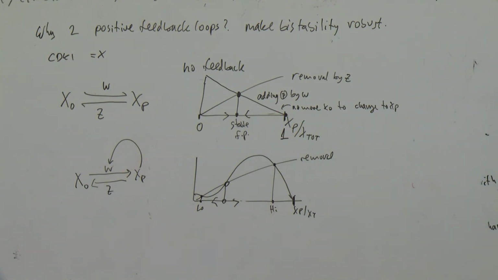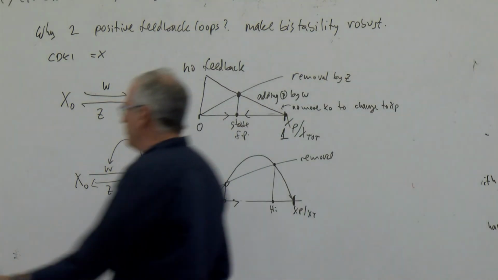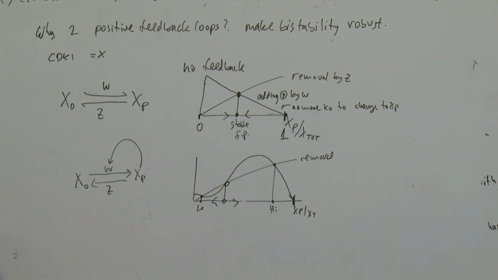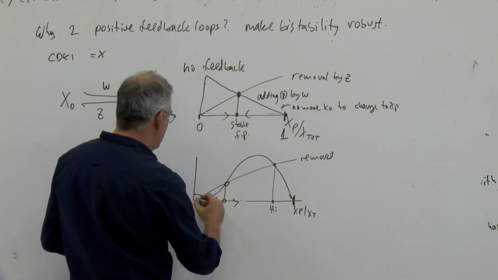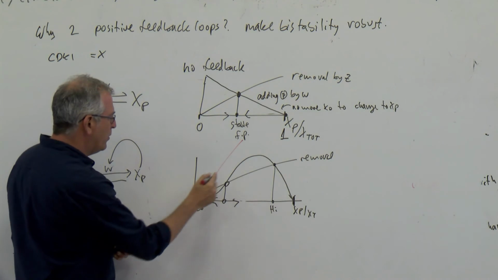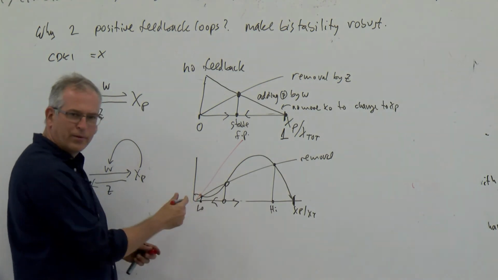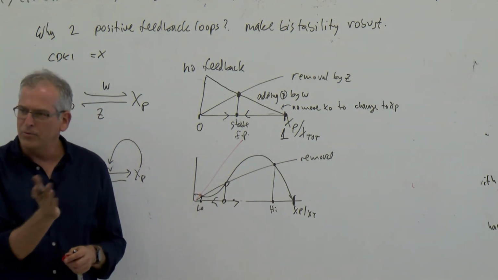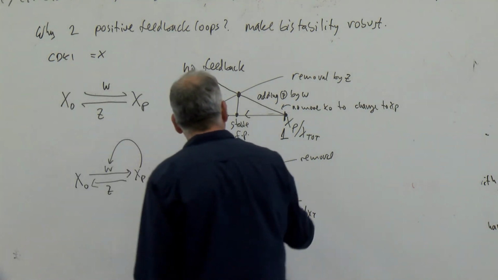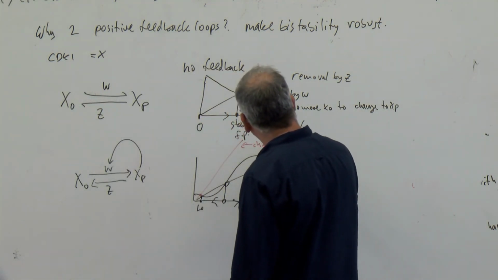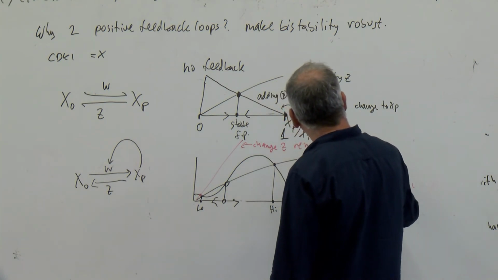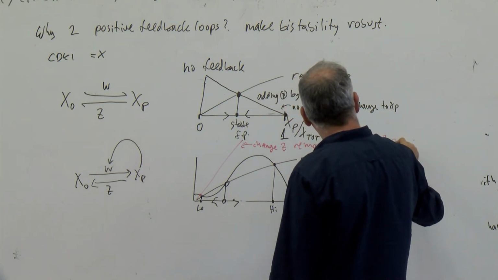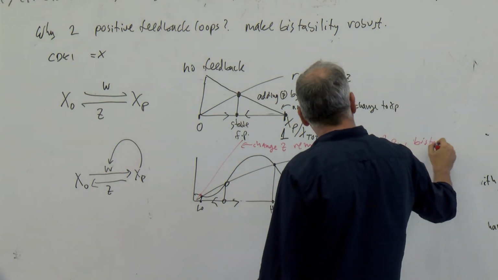What's the problem with this? We noticed this also in the lecture where we talked about bistability before: if I change the removal rate, let's say I have more Z or less Z, I change it, I already have 1 fixed point. It's in fact very fragile to this removal rate. So if I change Z or removal, I lose the 3 fixed points, and I lose bistability.